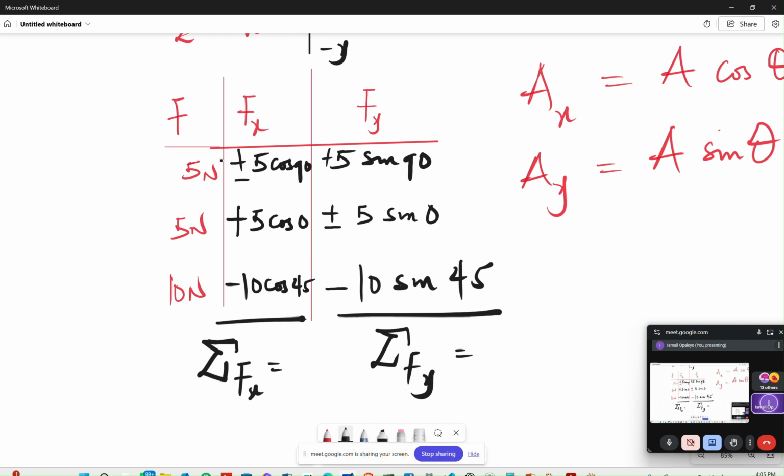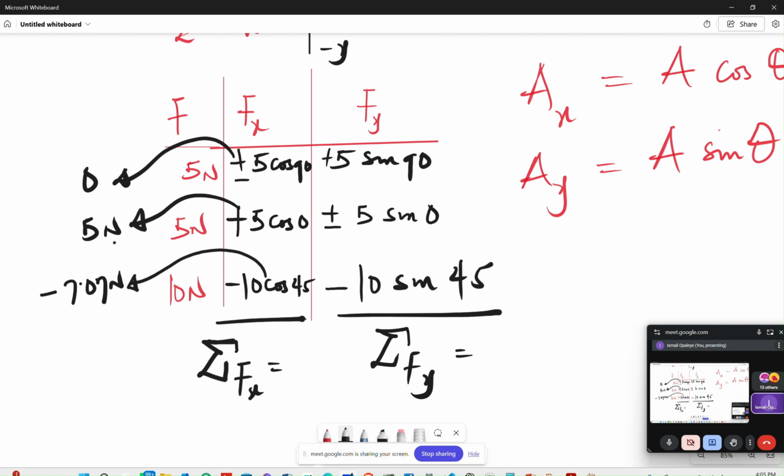That value there is 0, right? This one is 5. This one, minus 10 cos 45, is what? Minus 5 root 2, and that is minus 7.07, abi?